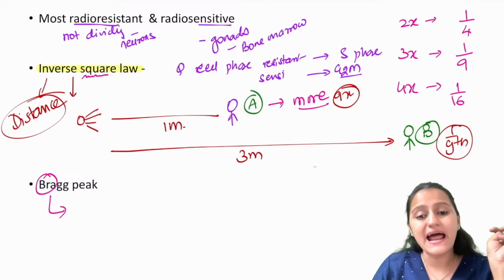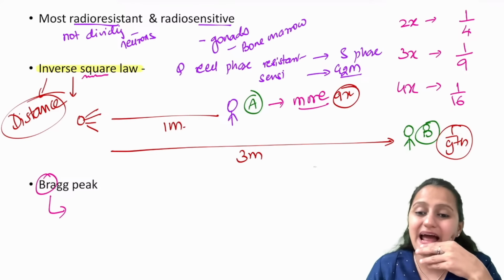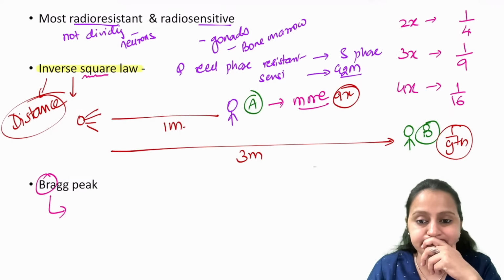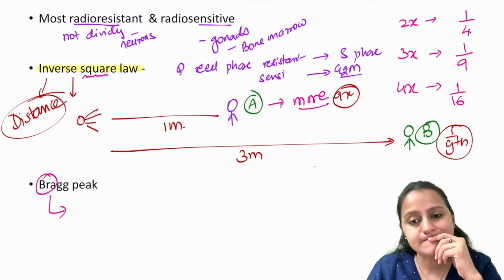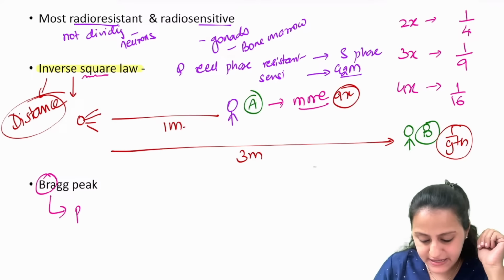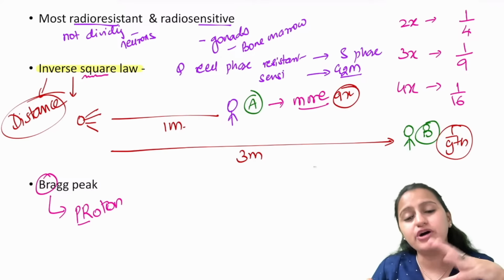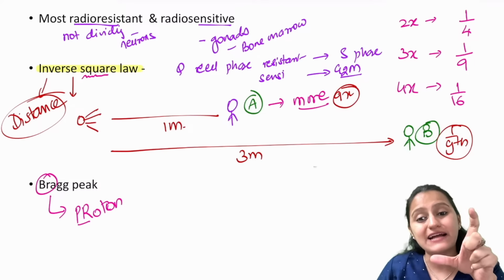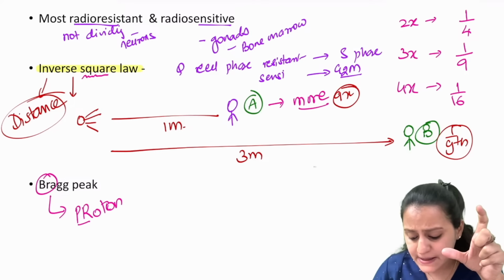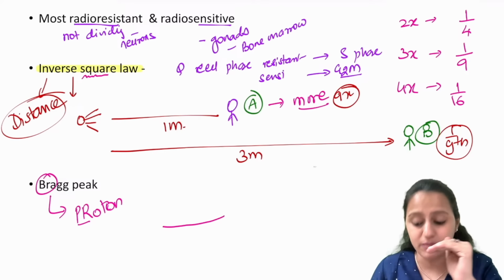Next one, Bragg peak is seen with. What shows Bragg peak? Very good. Remember Bragg, Br is seen with Pr, that is proton. When you use proton for radiotherapy, you would see a Bragg peak. What does that indicate? When proton goes into the body, it hardly gives any radiation to normal tissues.